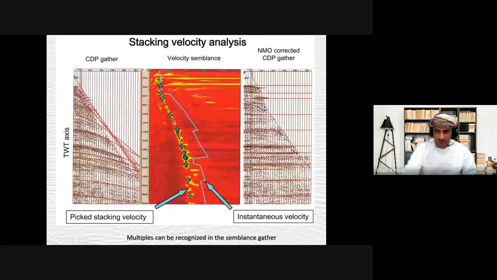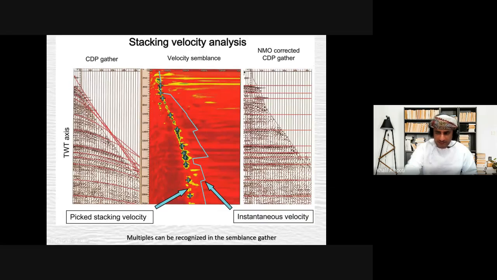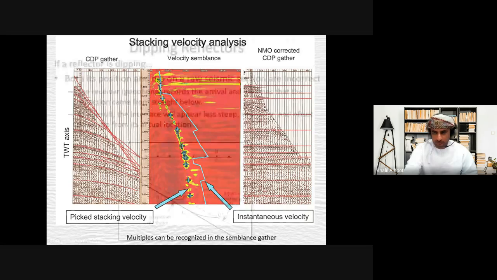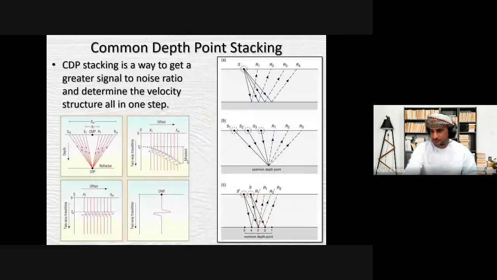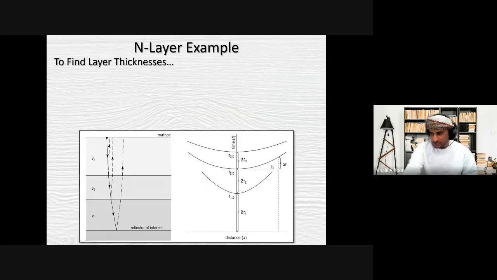So what you see, these are all different reflectors, and the line of each reflector is a hyperbola. If you apply NMO correction, it's going to be flattened. So our final objective is to remove this curvature and make it flat, because the earth itself is flat.